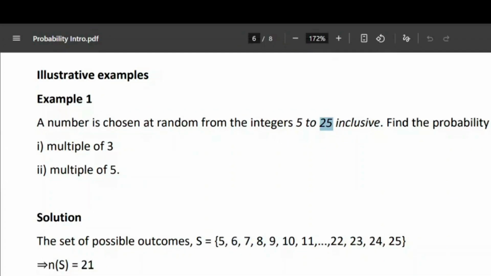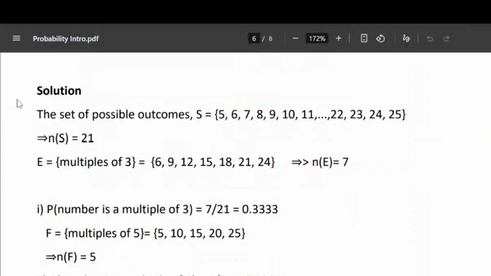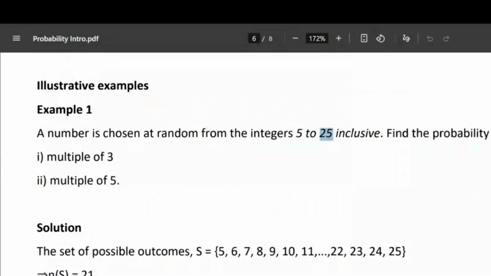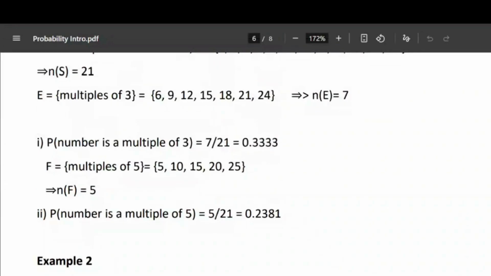Find the probability that the number is a multiple of 3, and that the number is a multiple of 5. So we have S, integers from 5 to 25. We have 5, 6, 7, etc., up to 25. So how many of them are multiples of 3?